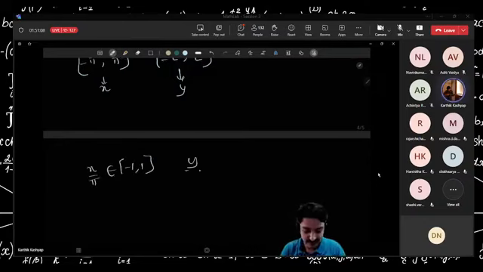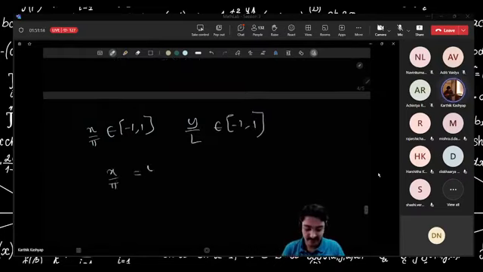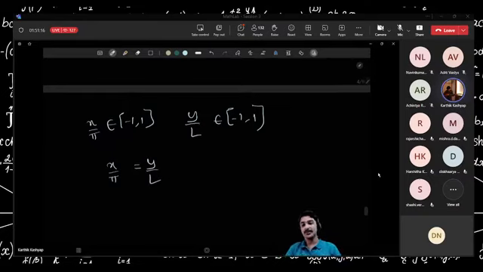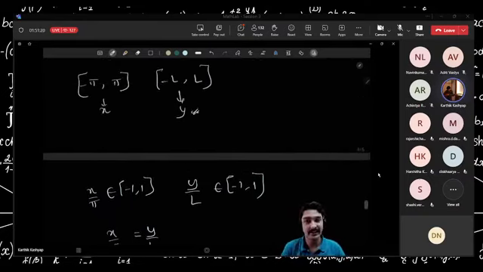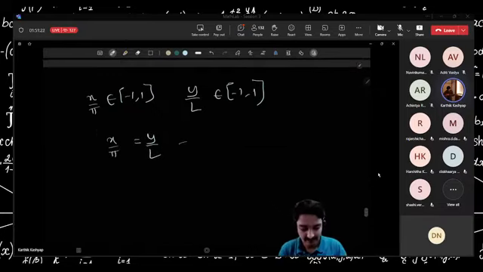And similarly, y by L belongs to minus 1 to 1. So we can say that x by pi is equivalent to y by L. So to change it in terms of y, that is what we need in terms of minus L to L, we can just take y is equal to Lx by pi.